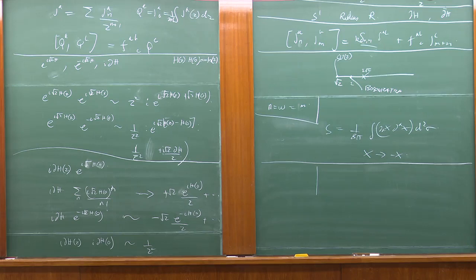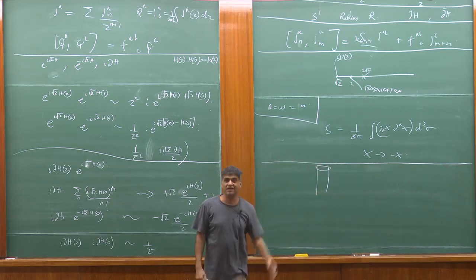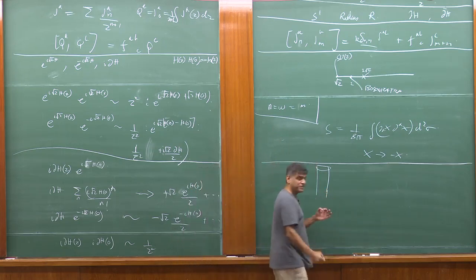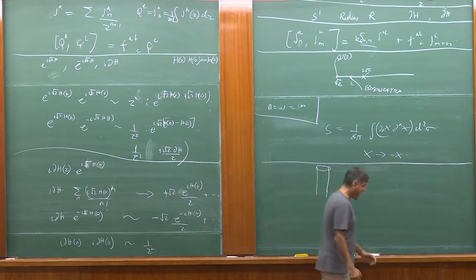So we have this X goes to minus X. Suppose we've got our cylinder where we're studying our theory. Just like when we studied circle compactification, our Hilbert space, in fact even the classical phase space, splits up into disconnected sectors.